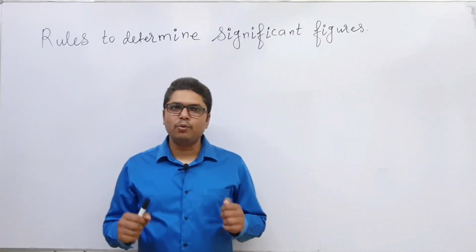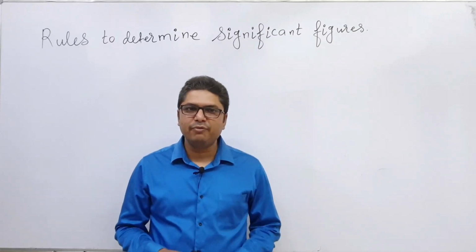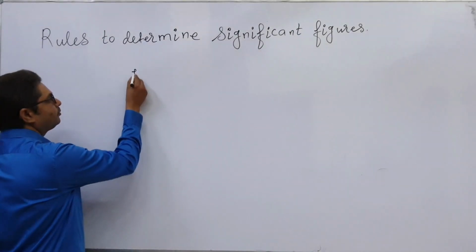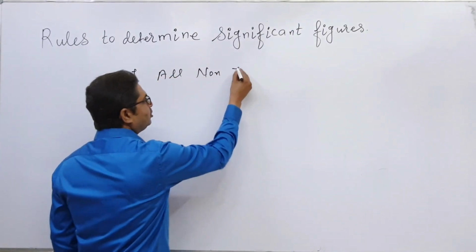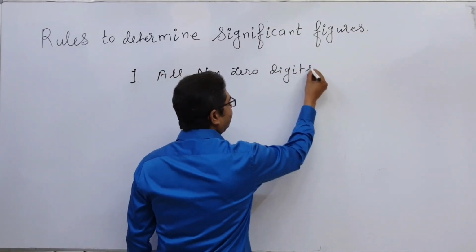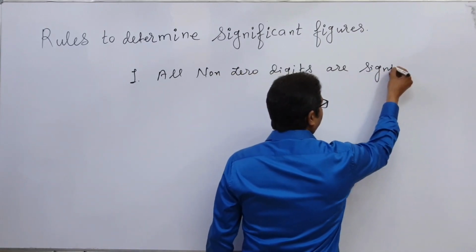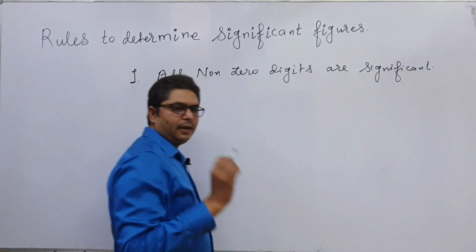Now you are going to understand rules to determine significant figure. The first rule is all non-zero digits are significant.